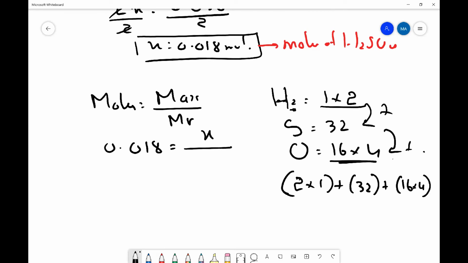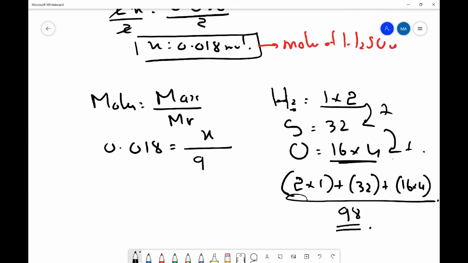So simply write this on the calculator and get the answer. 98. So 98 is the MR of H2SO4.